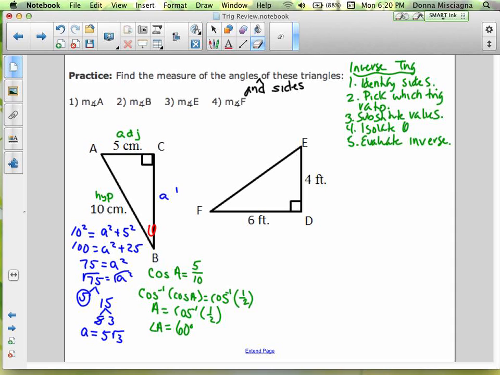From angle B's perspective, that is not the adjacent anymore. That is the opposite. So who uses opposite and hypotenuse? Of course, that's sine. So sine B equals 5 divided by 10. That's also 1/2. Okay, I have cosine in my head. Let's take the arc sine of both sides.